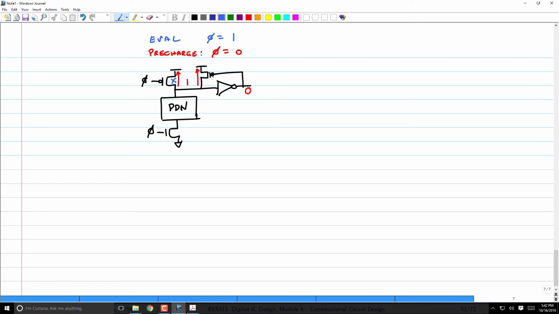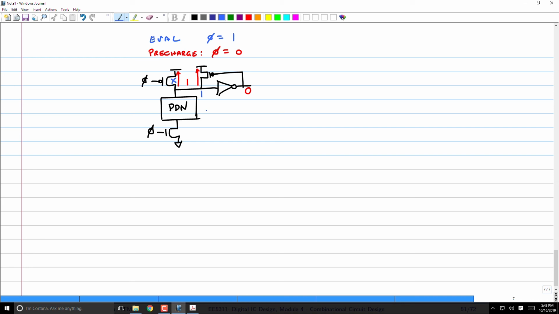But now, because there is this PMOS transistor which is cross coupled, right? The output here is floating at 1 now. But the inverter is inverting that logic and causing the PMOS to still pull it up to 1. So the output now never floats. The output will always be driven to logic 1, even in the evaluate phase.